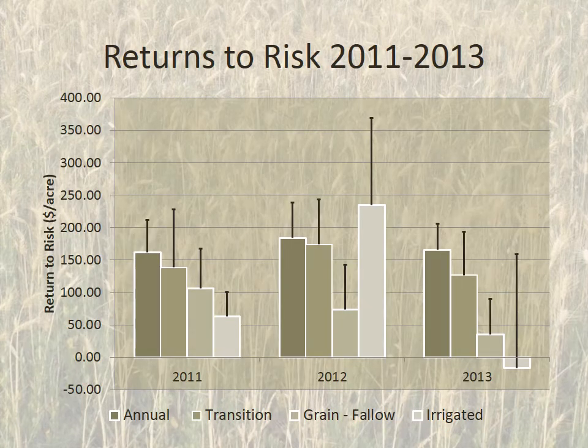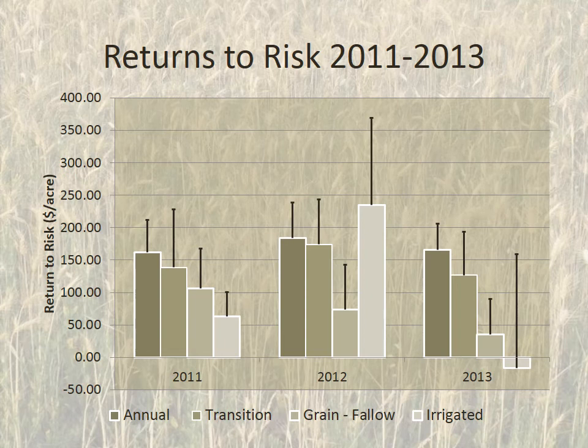The last economic variable I tested was returns to risk. So here's a table of the returns to risk, and what you can see is that it's all over the place. There isn't really a good pattern going on. Generally, the irrigated has the smallest returns to risk, but in 2012 it was the highest. And they have really, really big standard errors. So within each class, there's a ton of variability about what growers are making per acre.